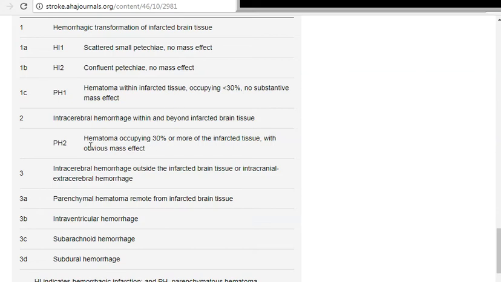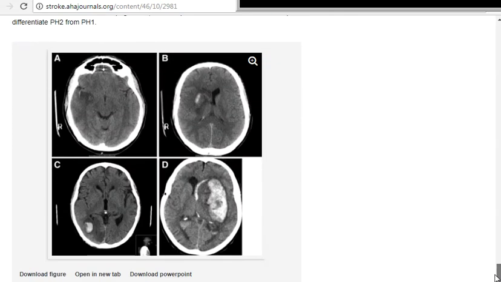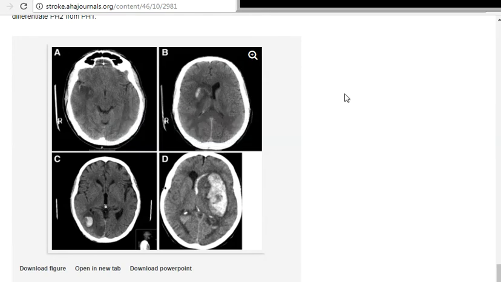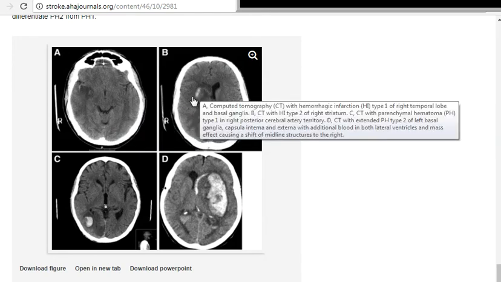Parenchymal hematoma type 2, which is the 4th type, takes 30% or more of the infarcted tissue with obvious mass effect. An example is like this. Type 1, petechial hemorrhage. Type 2, more confluent petechial, no mass effect. Actually, this one there is a mass effect.